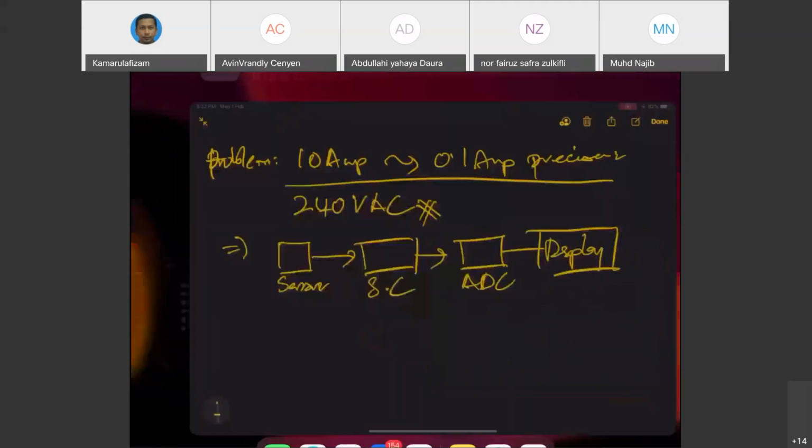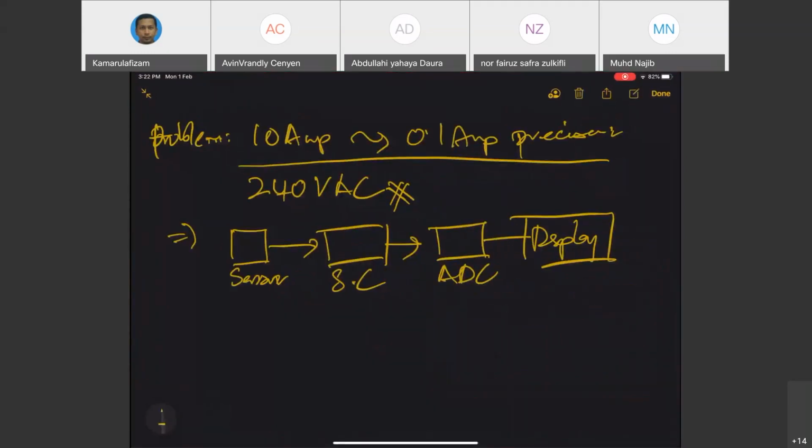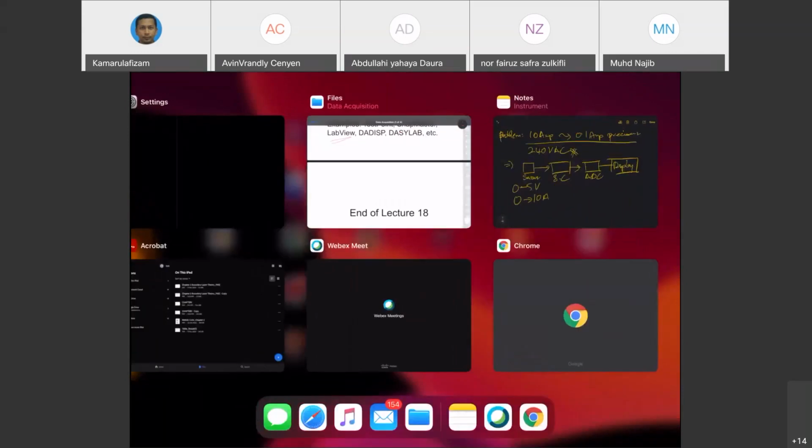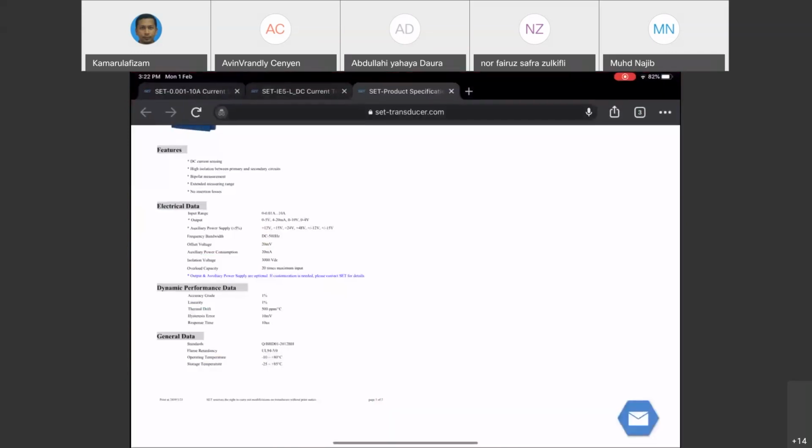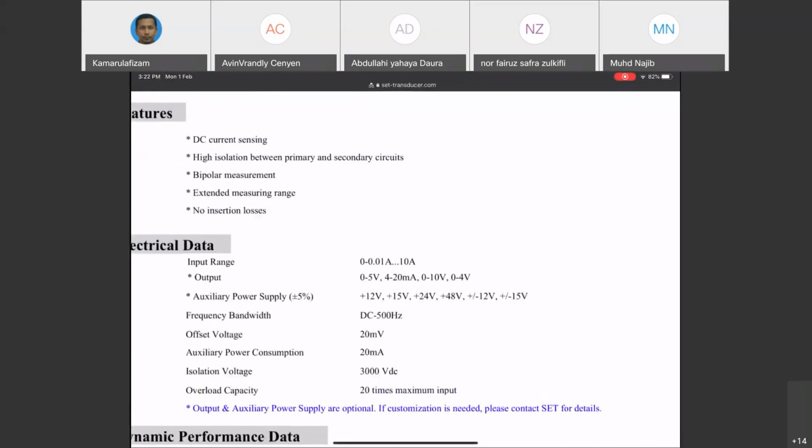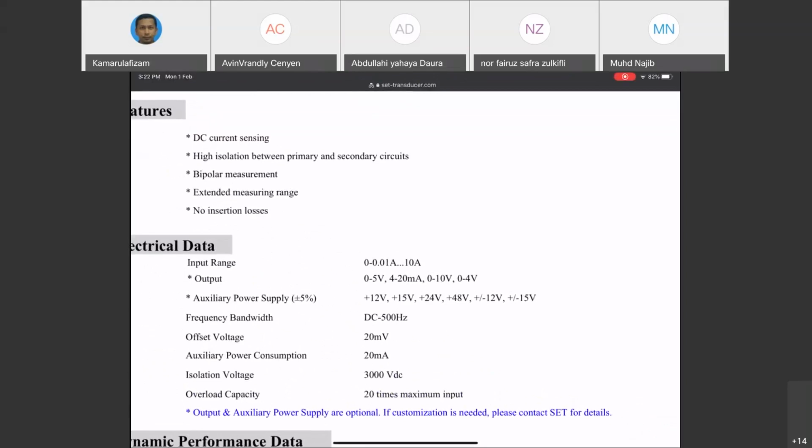Okay, now we have a sensor, 0 to 5 volt, all right, which will give us maximum 0 to 10 amp. Betul tak? Tadi kita tengok dekat datasheet. Betul. So we have accuracy 0.01, okay, which is good enough.